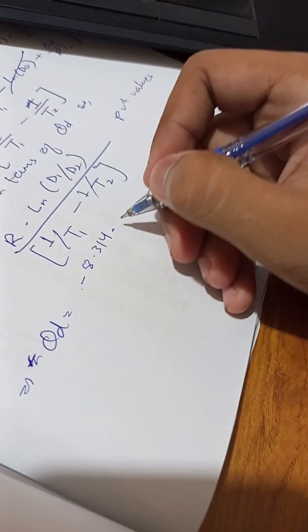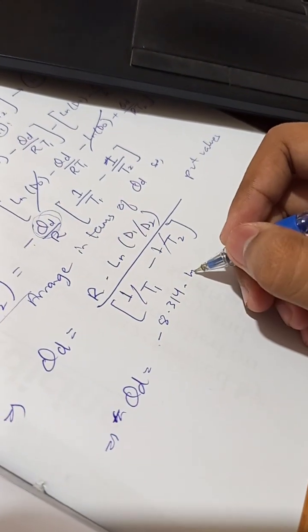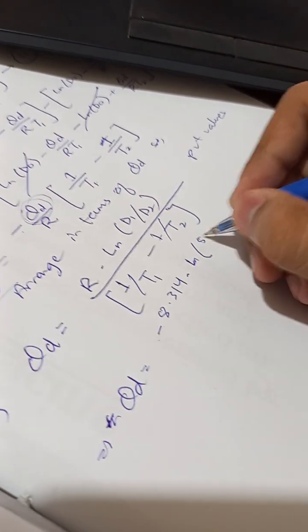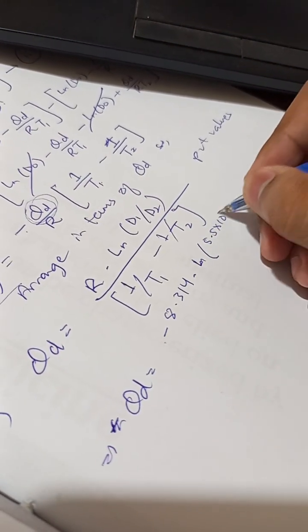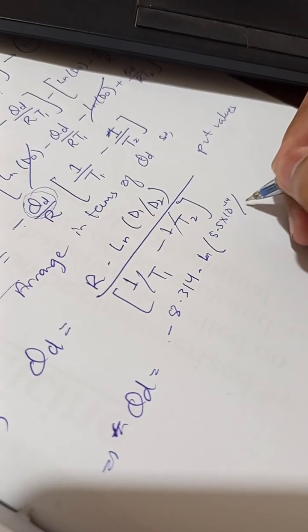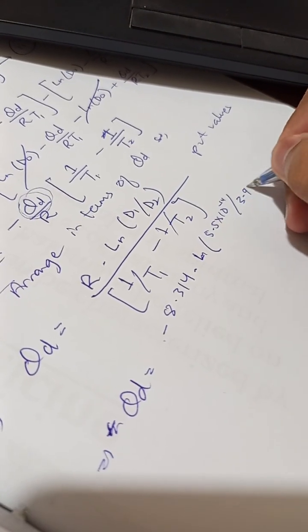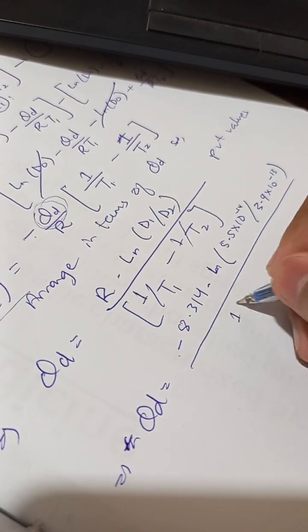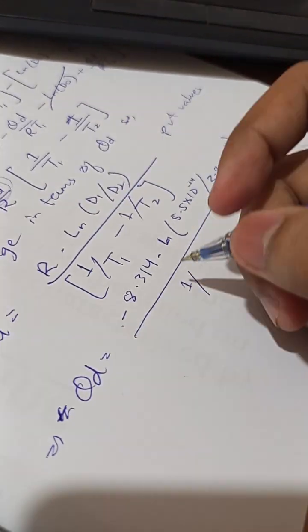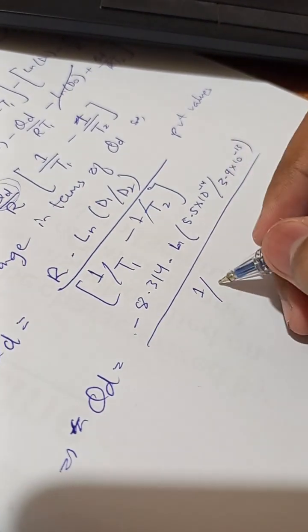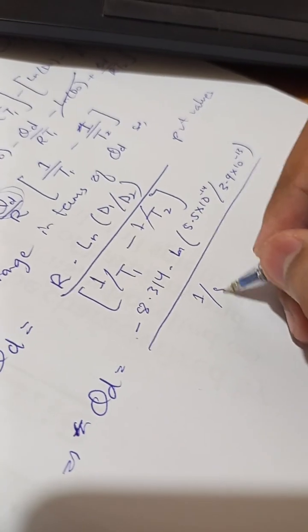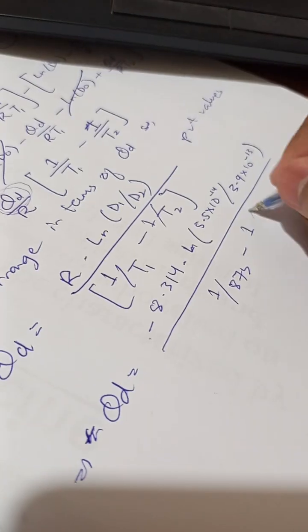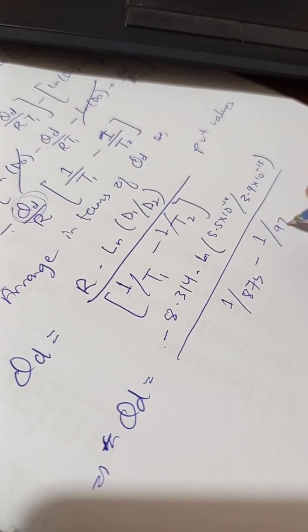8.314 into ln of the value of D1, 5.5 exponent minus 14, divided by 3.9 exponent minus 13, whole divided by 1 over the temperature 600, that is 873 I think Kelvin, something like that, and the other value is 973.